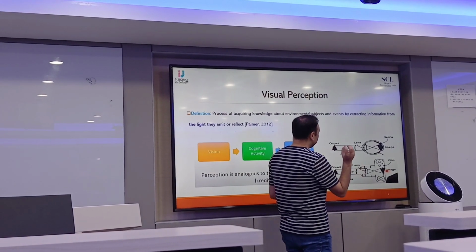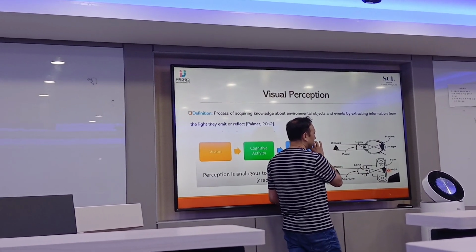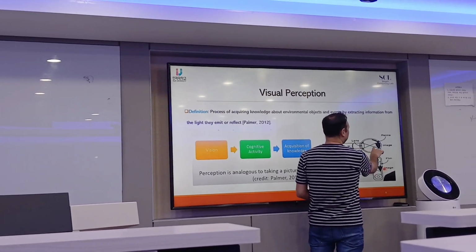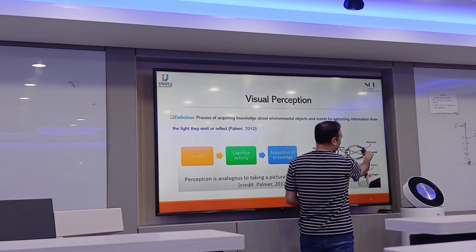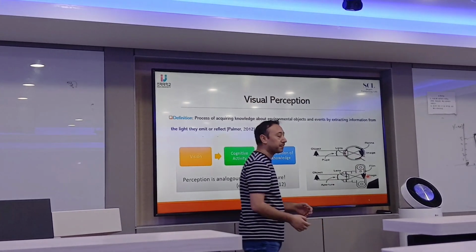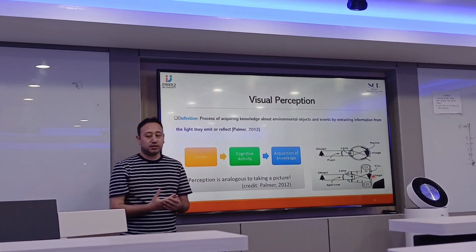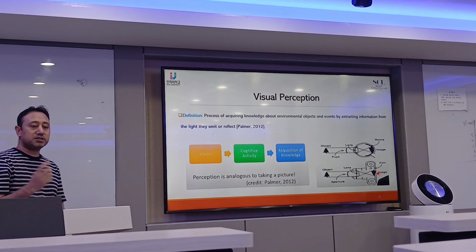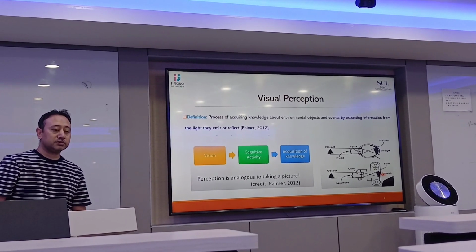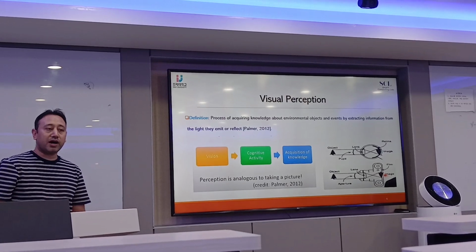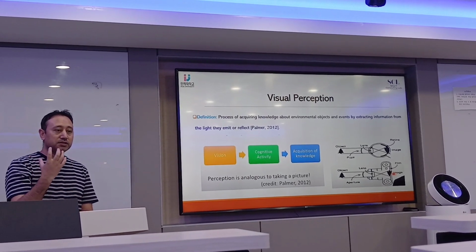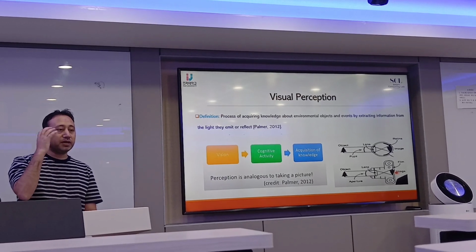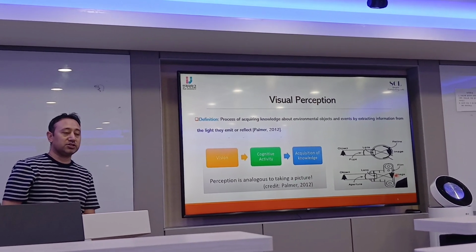When light reflects on this object, the light enters the lens of our eye through the pupil, and it makes an image on the retina, and we can visualize it. After visualizing it, our brain processes it. For example, if I am seeing a chair through my eyes, it makes an image on my retina, and it goes to my brain, and my brain processes it: yes, this is a chair.